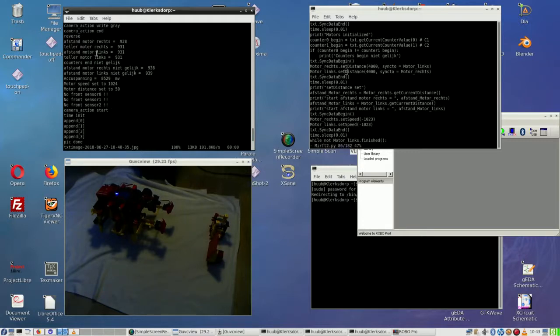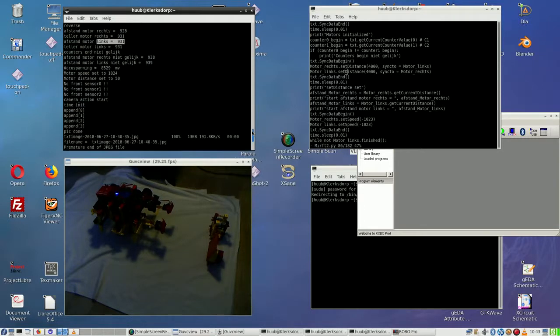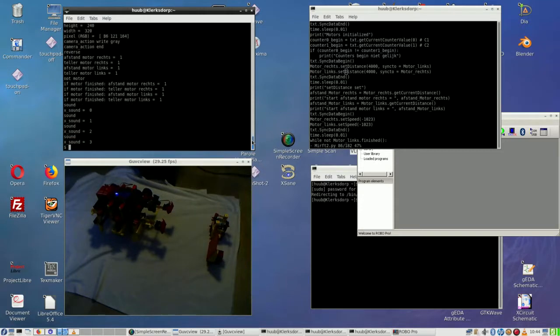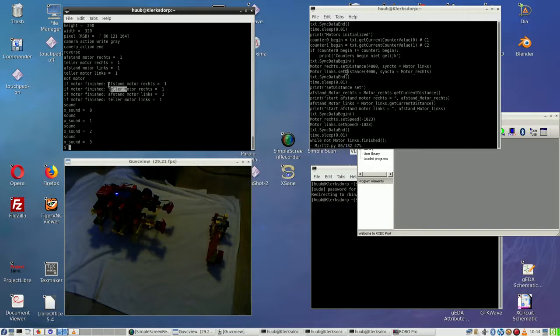On the other hand, here it counts up. And that's also weird. It counts up and in the end it's suddenly 1. And here I use counter and here I use distance. What am I missing?